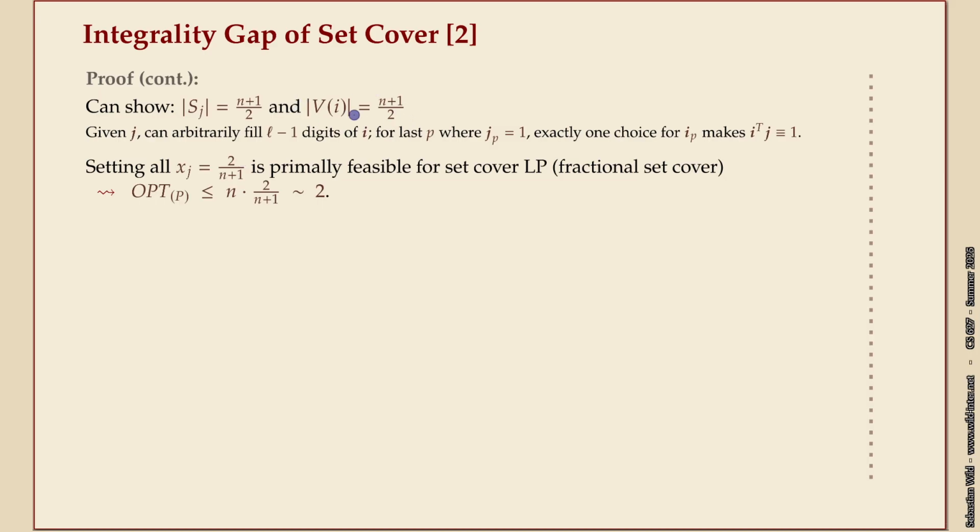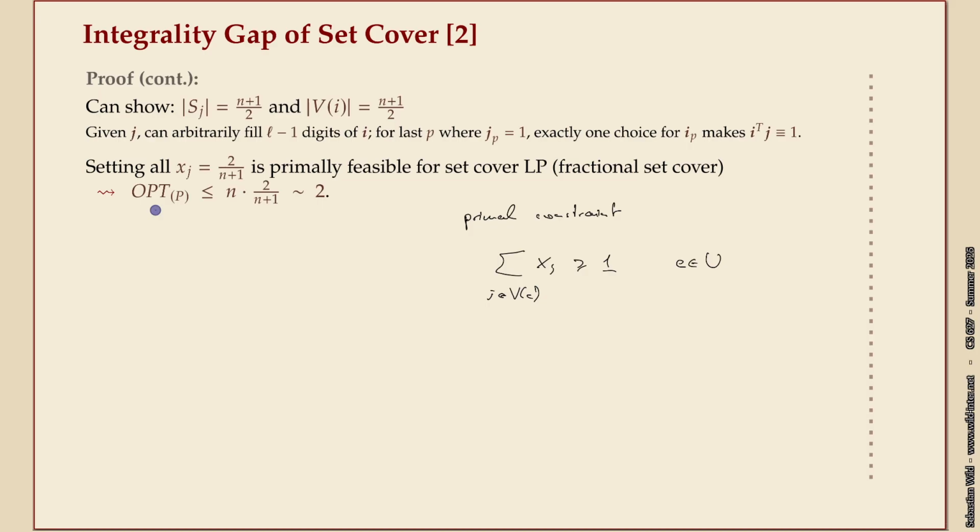The primal constraints are what we need: for every element, you want that the sets containing this element in total provide at least 1. And that's satisfied if you have that many sets and you set each to the reciprocal.